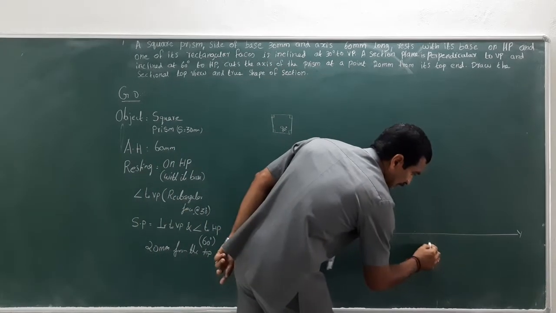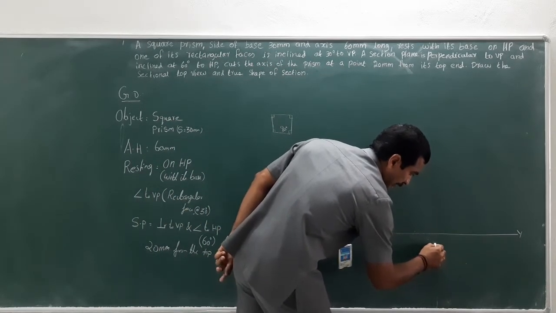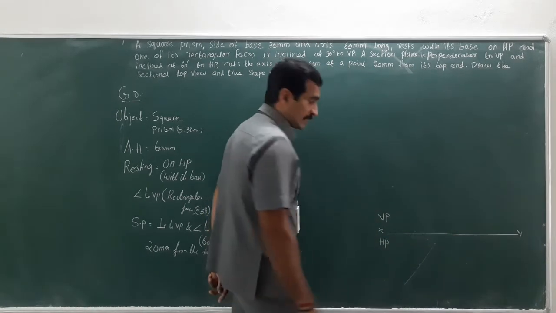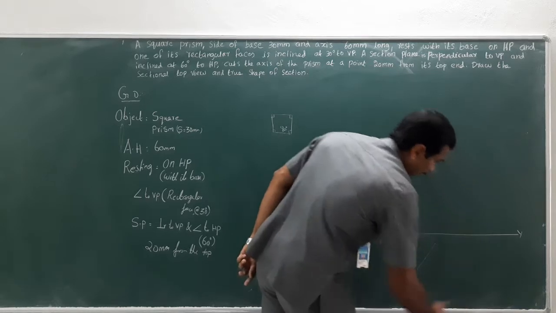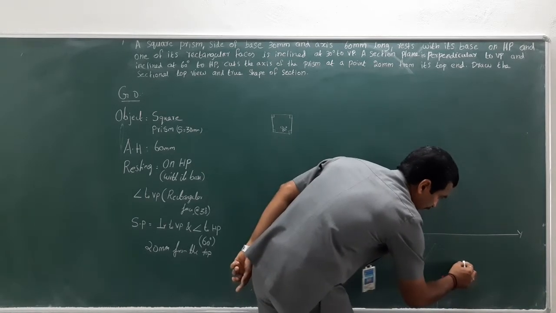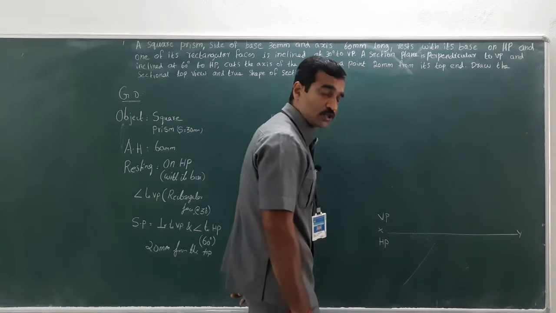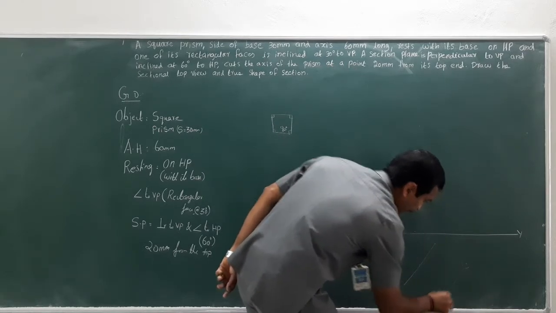So, keep your protractor in this manner, choose 90 degrees and draw a line. Similarly, keep it at the other end, and choose 90 degrees and draw a line in this manner.